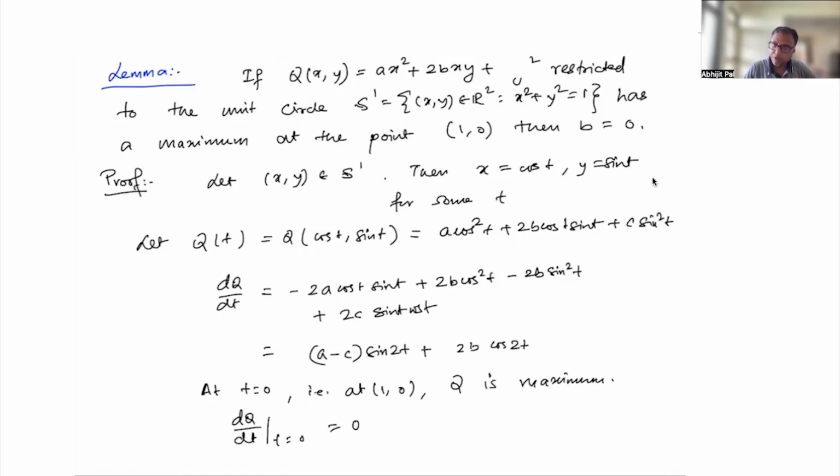And if I put t equals 0 in this equation, this will imply that b is equal to 0. So therefore, I have proved the lemma.